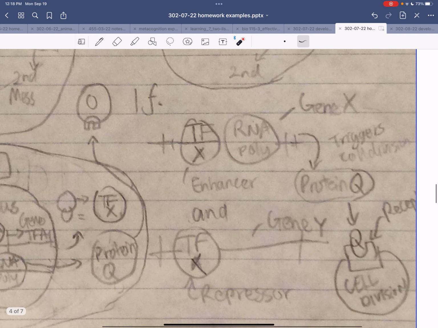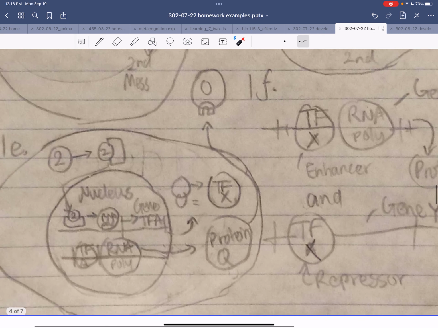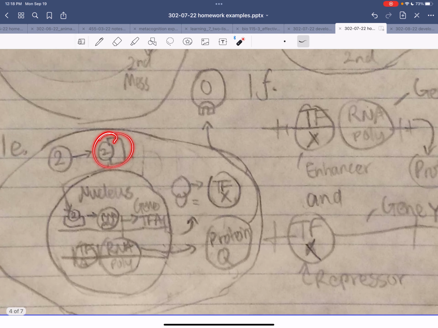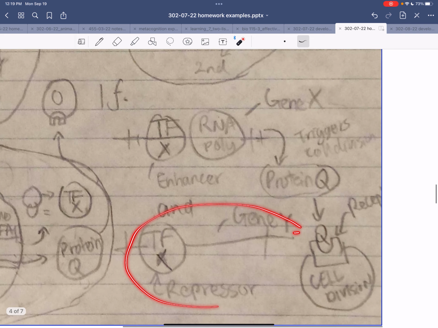And then that combination causing RNA polymerase to bind, making messenger RNA for X. Here it's shown repressing gene Y. Here's the repressor for gene Y. And here's TFX now, once it's produced.